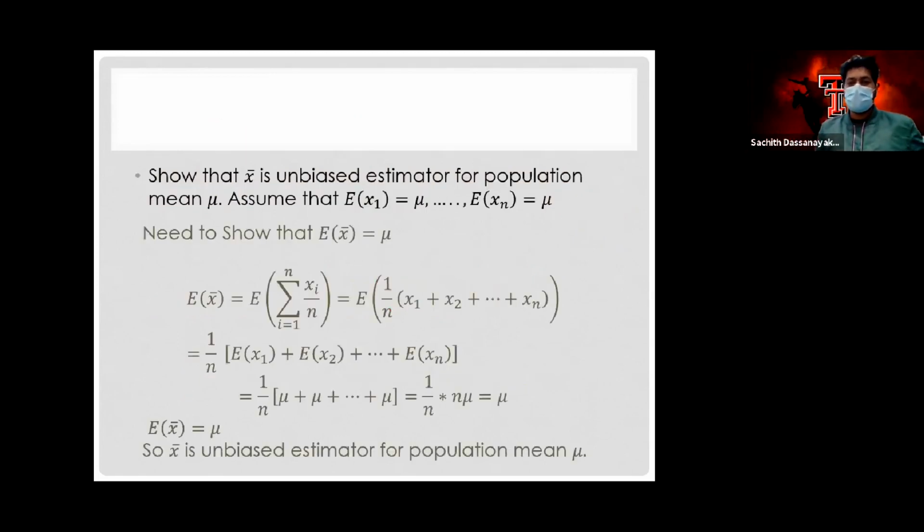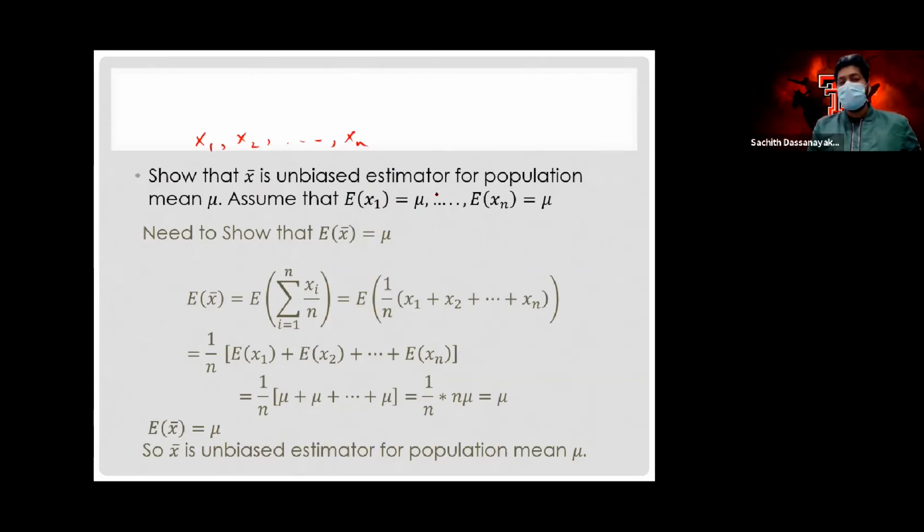Let's check whether our point estimator is unbiased or not. This is how we do it. Let's take observations x1, x2 up to xn.